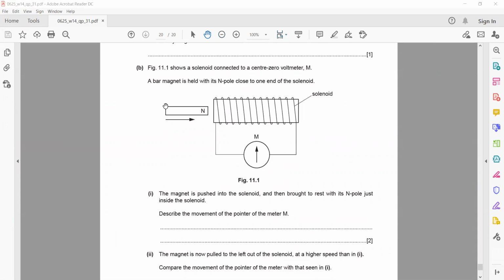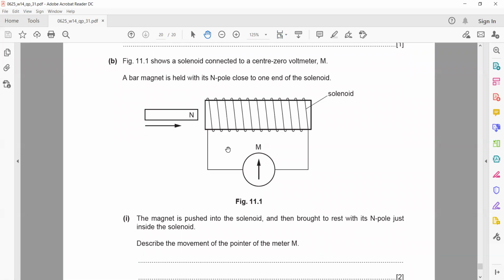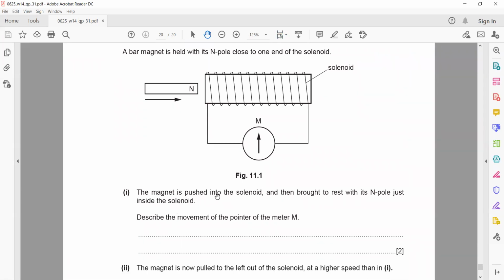In this question, figure 11.1 shows a solenoid connected to a center zero voltmeter. A bar magnet is held with its north pole close to one end. The magnet is pushed into the solenoid and then brought to rest with its north pole just inside the solenoid. Describe the movement of the pointer of meter M. First we move the magnet towards it and then we stop.